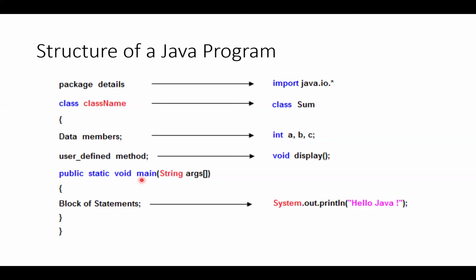I'll tell you what exactly each of these means. Public is a keyword, static is a keyword, void is a keyword, and main is also a keyword, and it is fixed. You cannot just ignore it and not include it in your class. It is mandatory to have the main function. It is always mandatory.